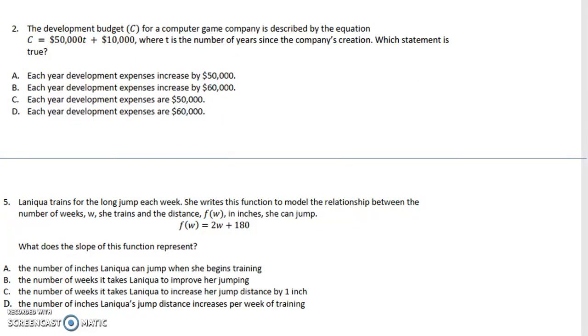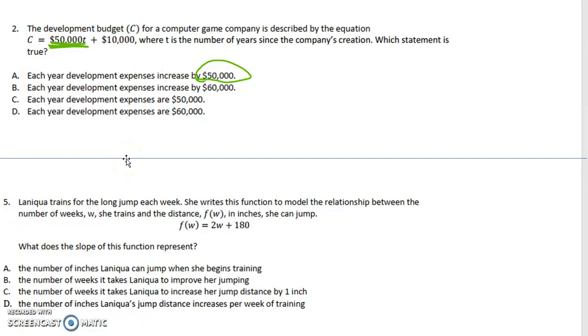So the true statement here is each year development expenditure increased by $50,000. So each year, right here, we're increasing by $50,000 because that $50,000 is times T, and T is our time.